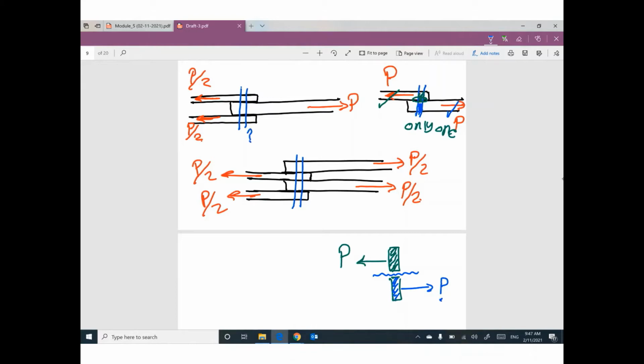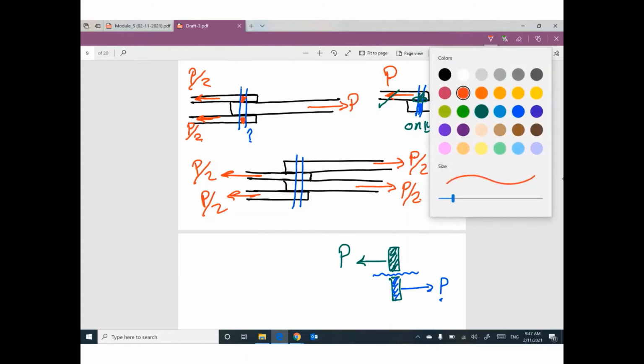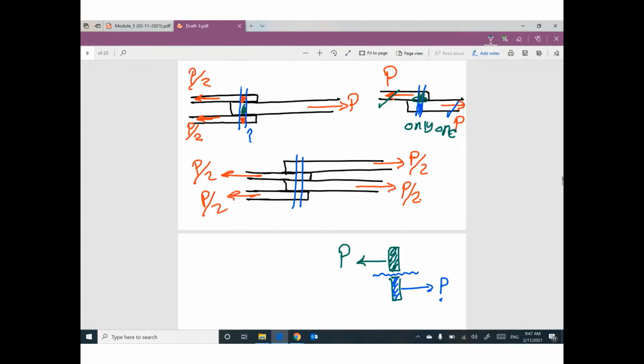What is the case here? I believe this bolt can be divided into three parts. This part, and this part. Let's see. The upper part, the lower part, and the middle part.